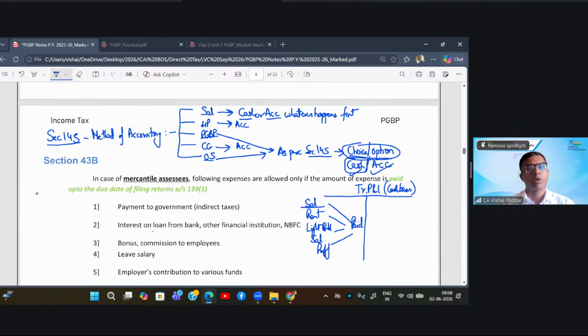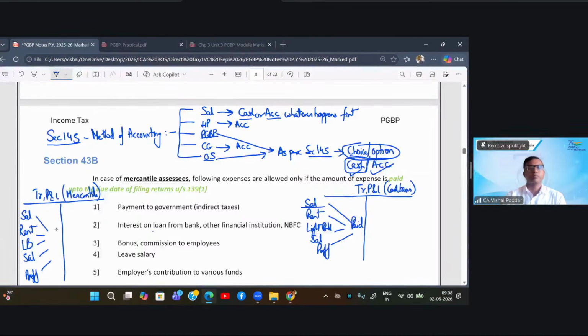And against this, what is mercantile basis or accrual basis? In this case, whatever expenses I am taking, these are the amounts on accrual basis, which have accrued during the year.